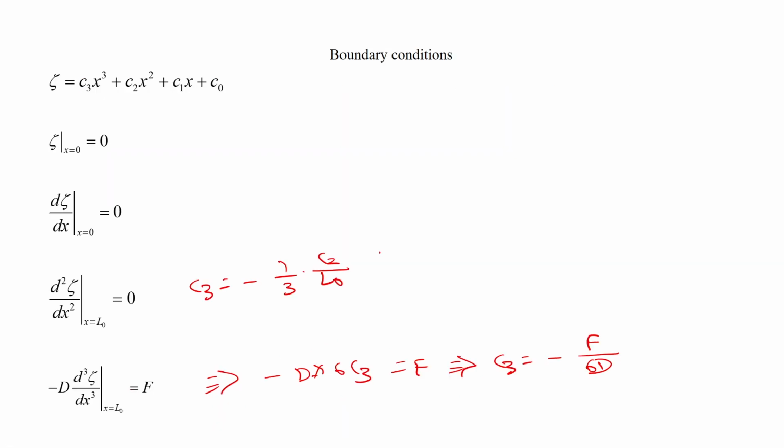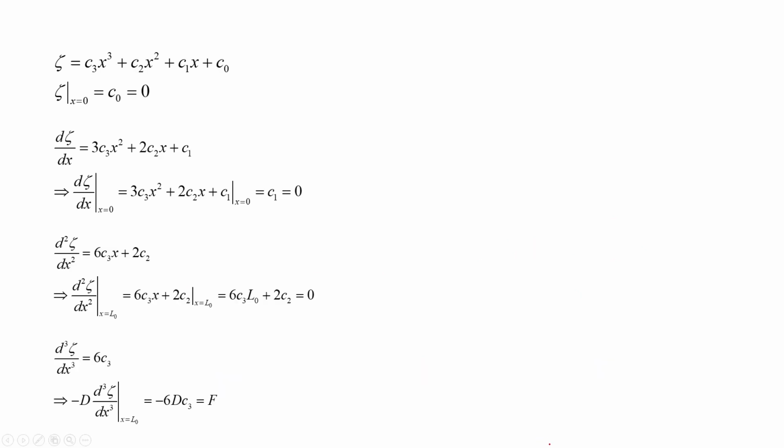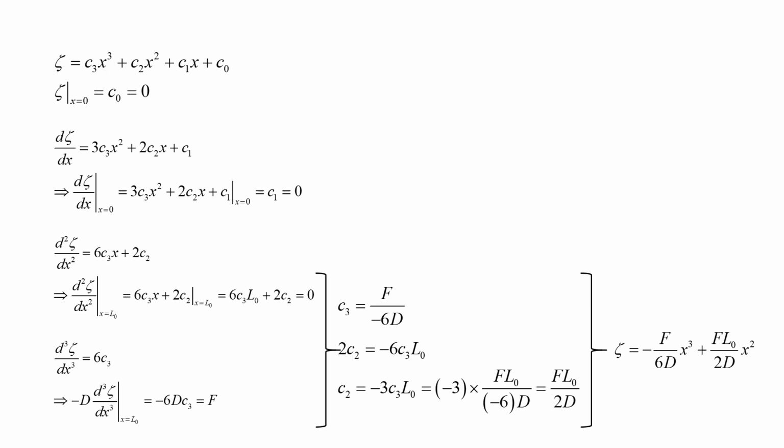So, here C2 will be equal to minus 3 L0 into C3. C3 is minus F by 6D, so minus minus is plus, and this is equal to F L0 by 2D. So, we have obtained both C2 and C3, and the other quantities also we have obtained.